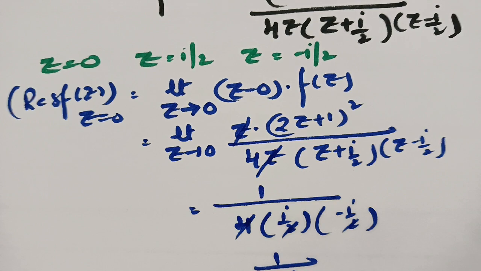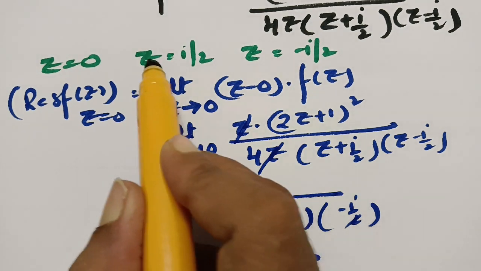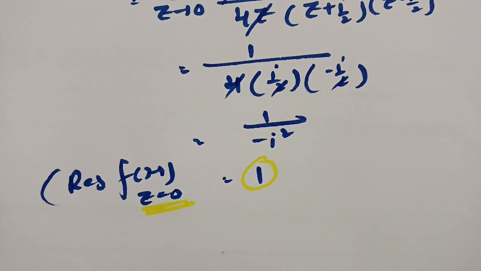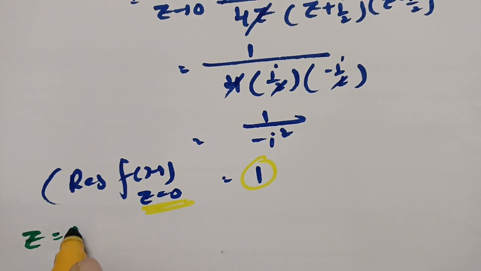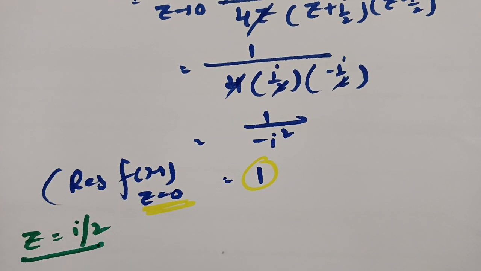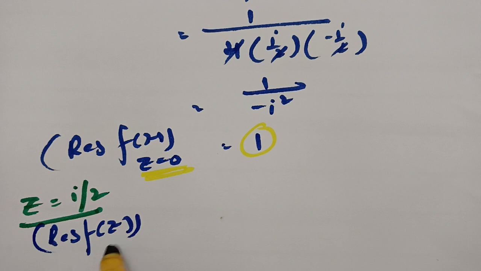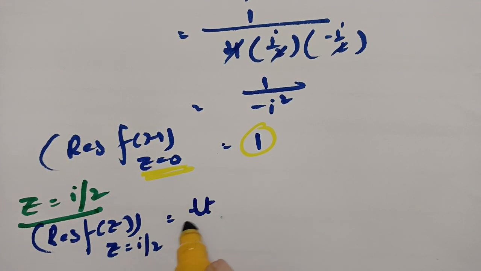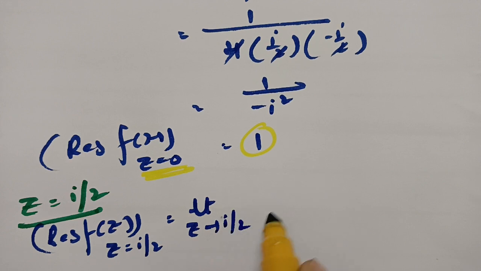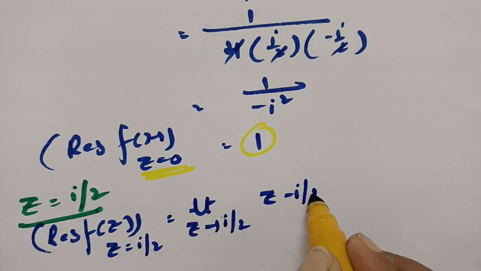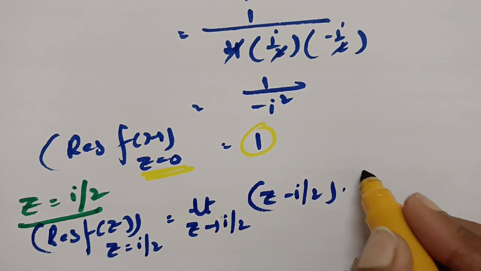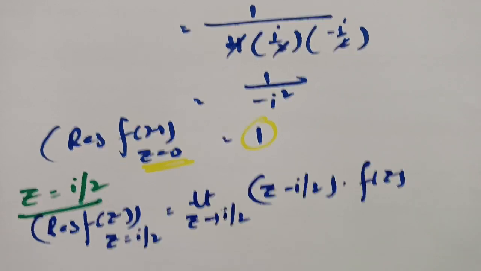And the next pole here is z is equal to plus i by 2. Here I am finding the residue of f of z at the point z is equal to plus i by 2, which is nothing but limit z tends to i by 2 of (z minus i by 2) into f of z. So what is our f of z value?